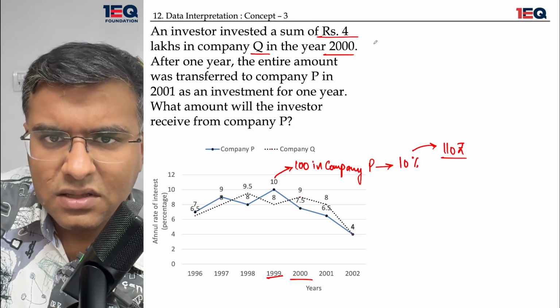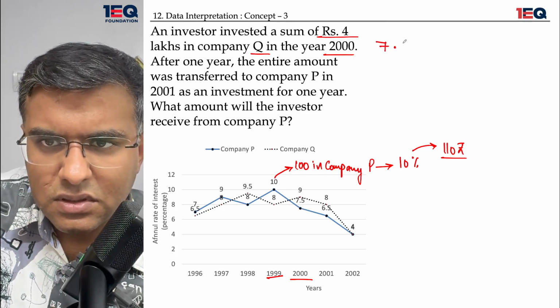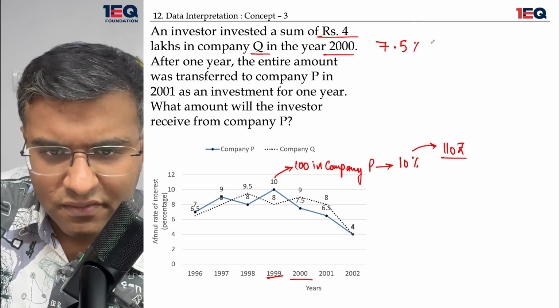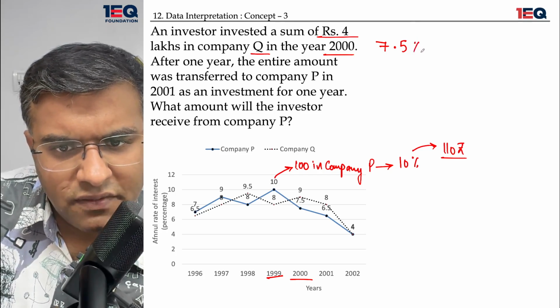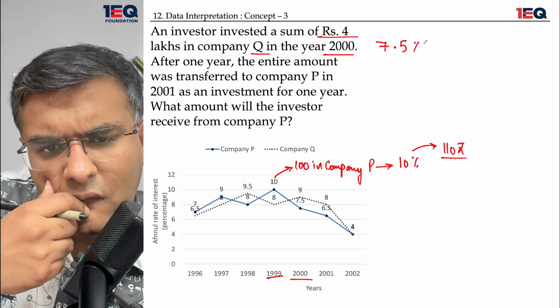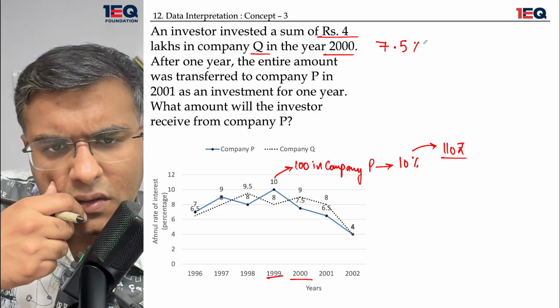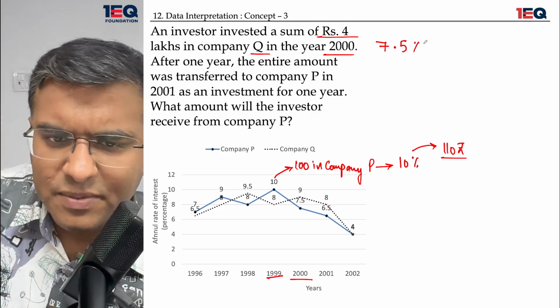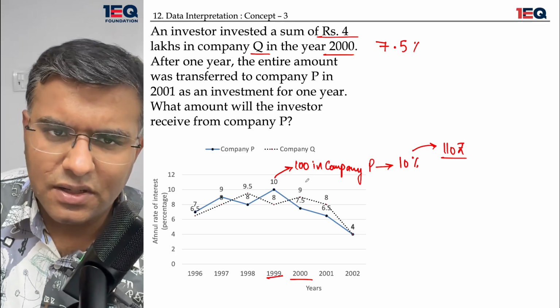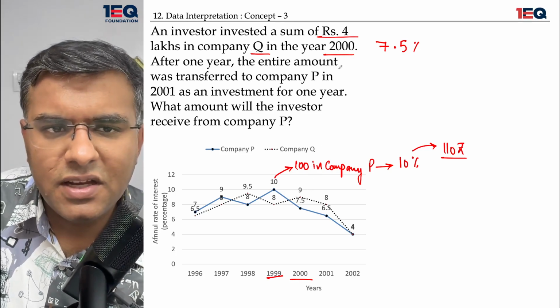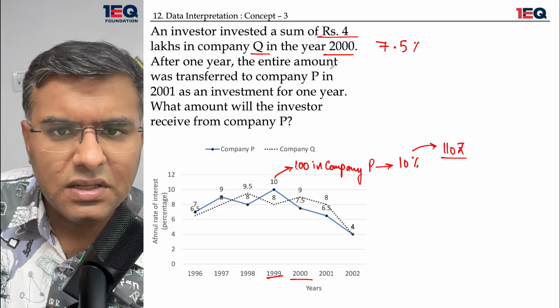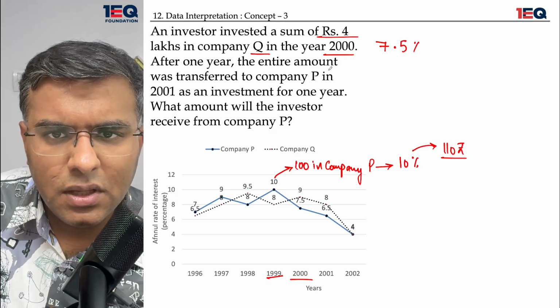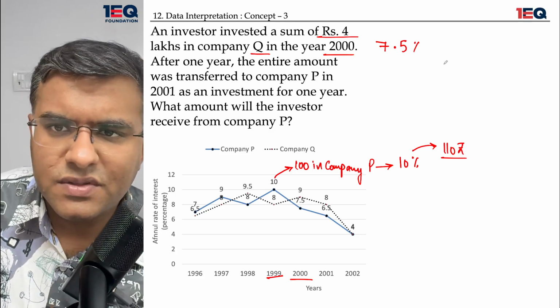So this means there was a 7.5% return, if I'm not wrong. Yeah, we'll assume it to be 7.5%. I will also do it with 9%. After 1 year, the entire amount is invested in company P in 2001.